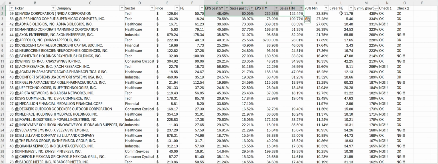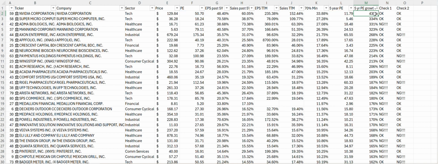I'm repeating myself, but that's the calculation that I've done, and I've checked the PE growth from column L versus column F. So column F is the current PE and column L is the future PE based off of actual previous data. What I come up with is this number here.